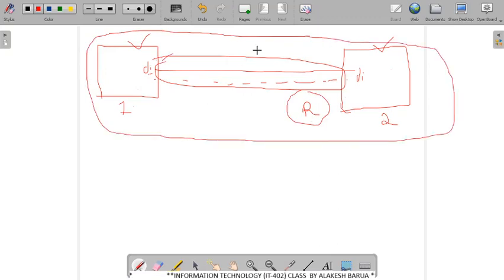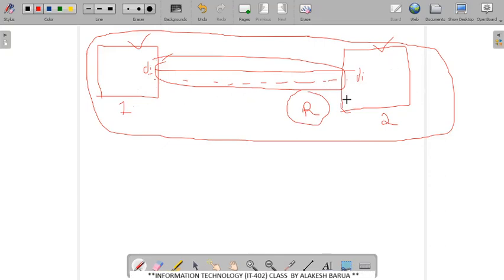Got it? And the entire process of connecting these two devices with that medium using certain rules and regulations is known as networking. The process of connecting these two devices.